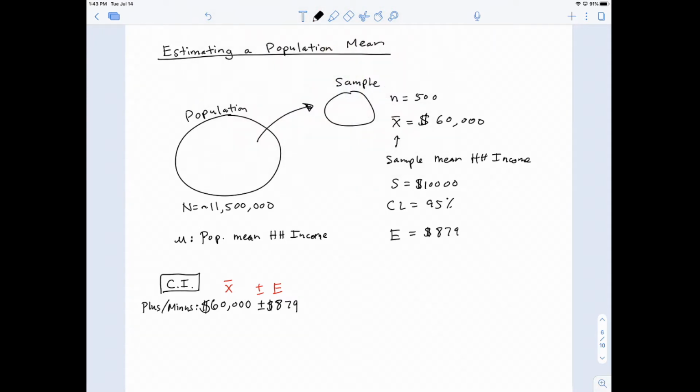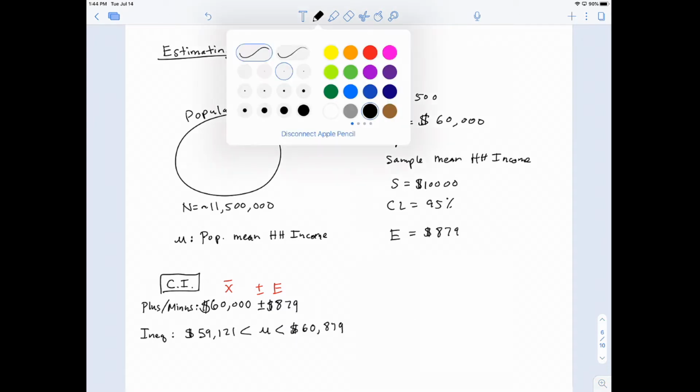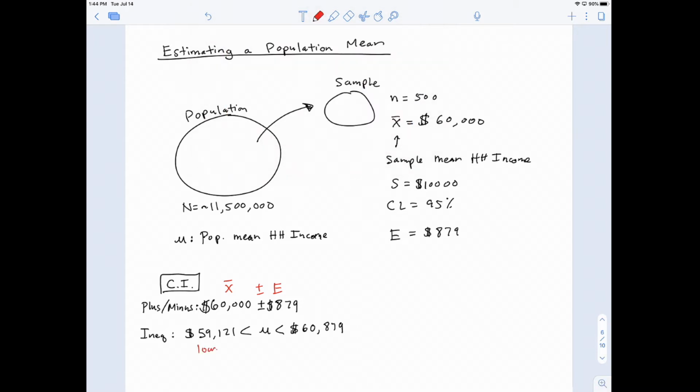The next one is the inequality form, and that can be obtained by getting our lower and an upper, right? Our lower is just the X bar minus the margin of error, and then the upper is the X bar plus the margin of error. And this is how we would write it, right? So this is our lower bound, and this is our upper bound.